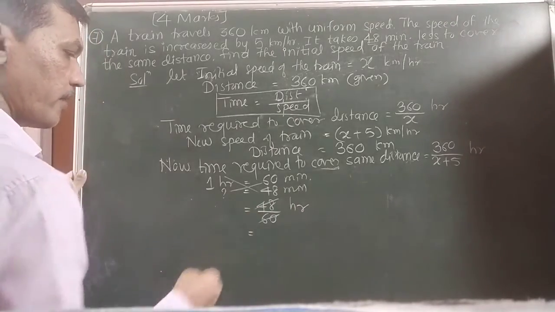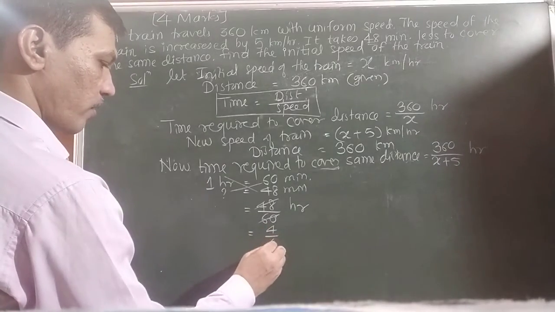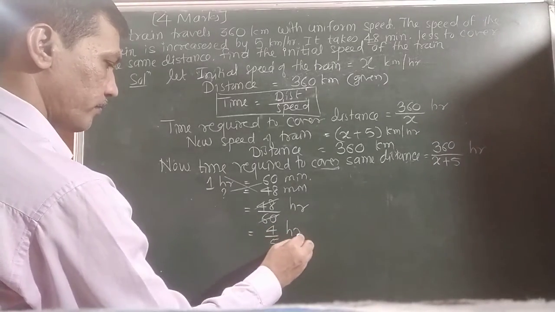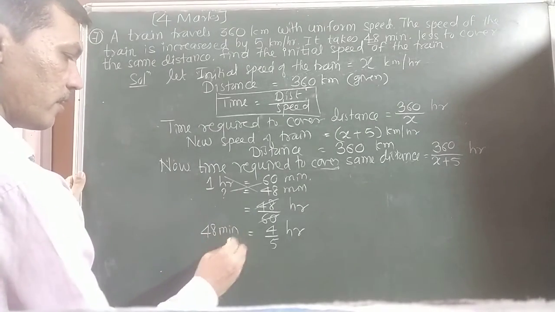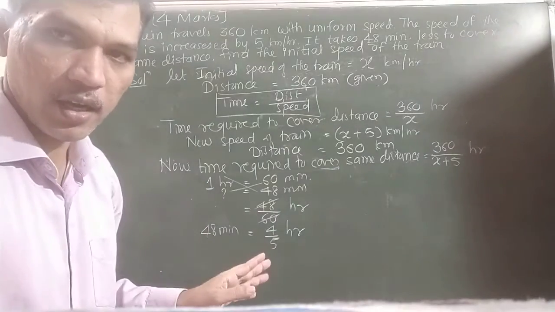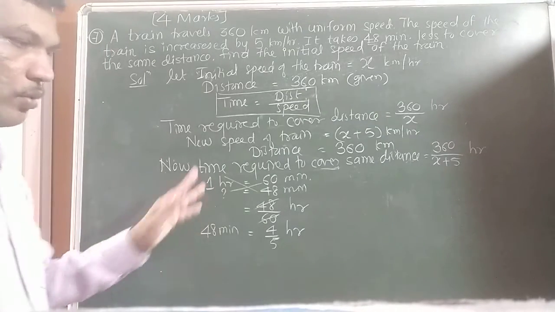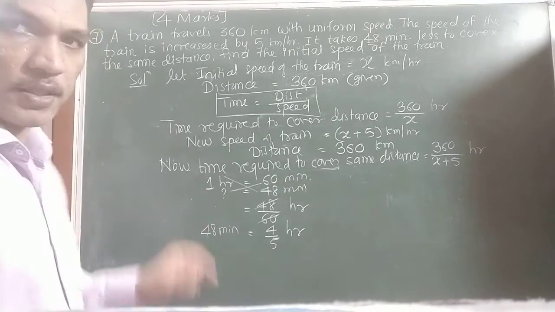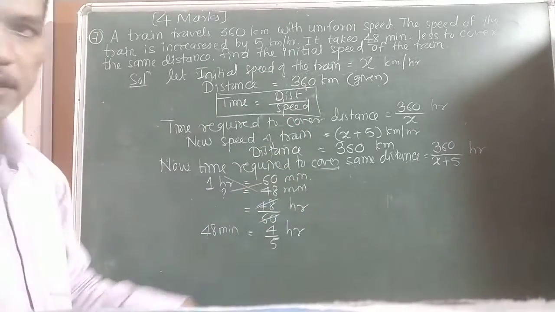So this can be cancelled. 12 fours are 48, 12 fives are 60, so 4 upon 5 hour. So 48 minute is nothing but 4 upon 5 hour. Up to here clear? Barabar? Now we can solve this equation. Okay. First copy this sum. We will solve further in next video.